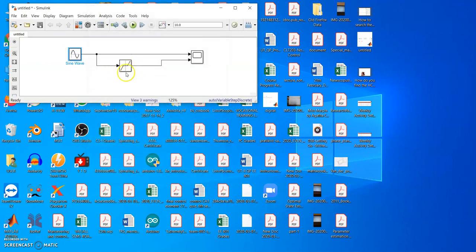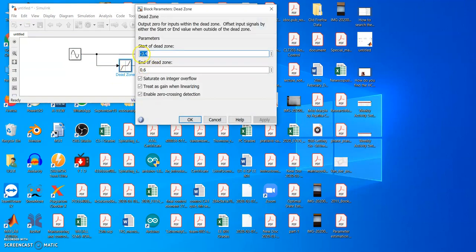We have a Deadzone block here where I have set the lower limit as minus 0.4 and higher limit as 0.6. Normally the value which is available in the Simulink library is minus 0.5 plus 0.5, very similar to the saturation block.